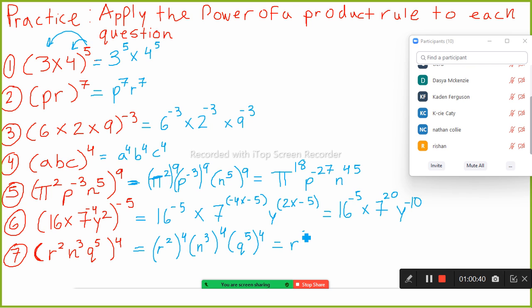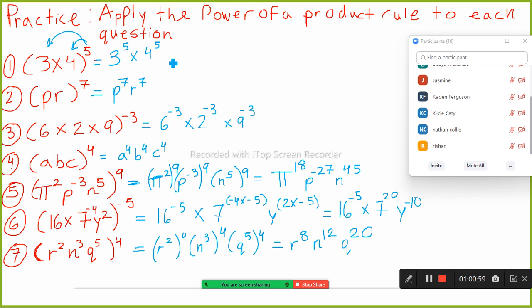Excellent. And then n, what is 3 times 4? 12. Excellent. And then 5 times 4? 20.